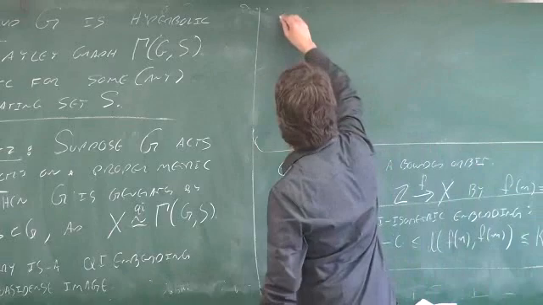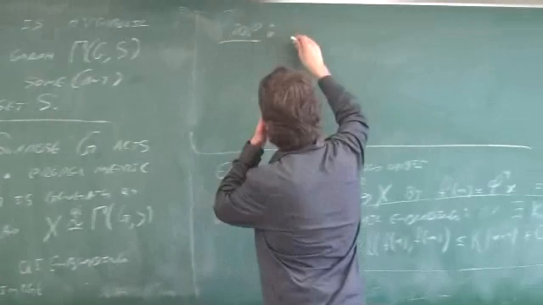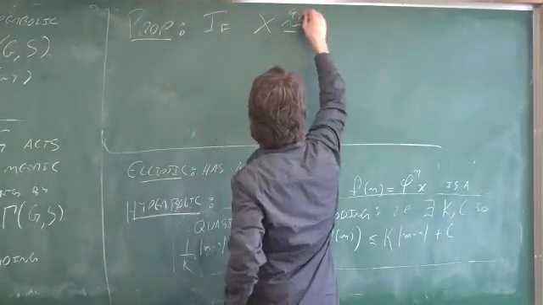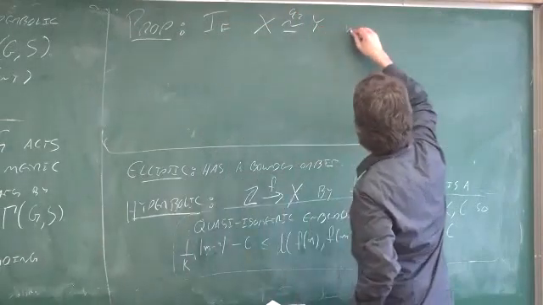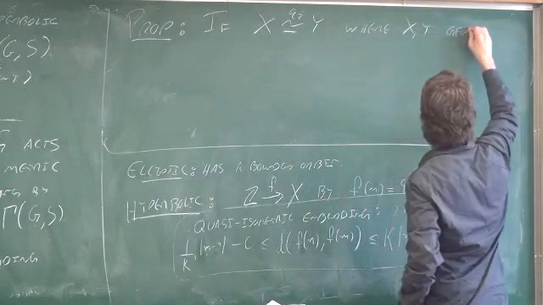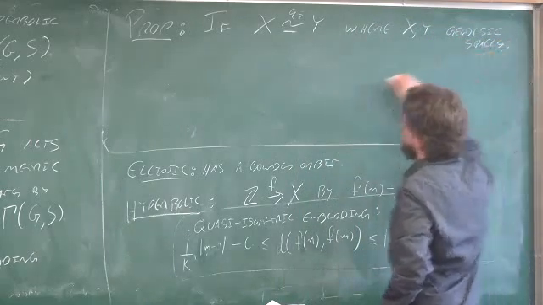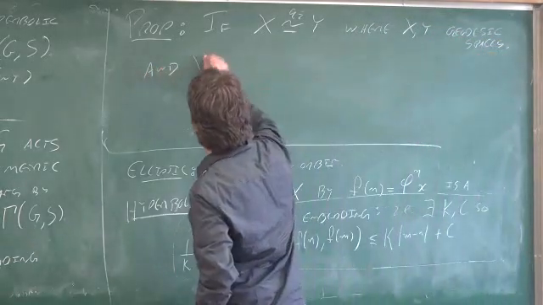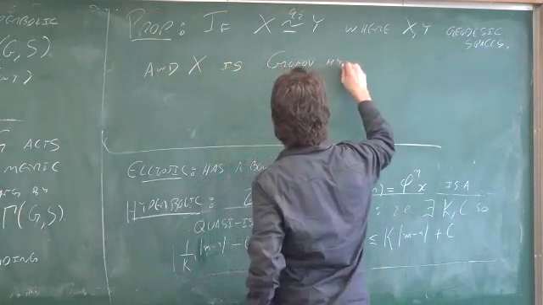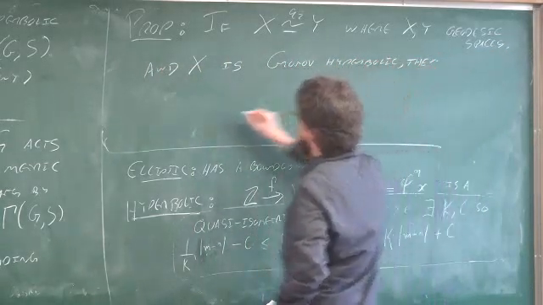We'll just call this a proposition, and you can look up the proof: if I have X quasi-isometric to Y, where X and Y are geodesic spaces, and X is Gromov hyperbolic, then so is Y.